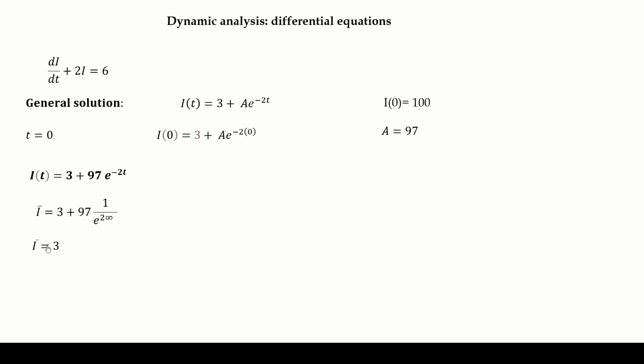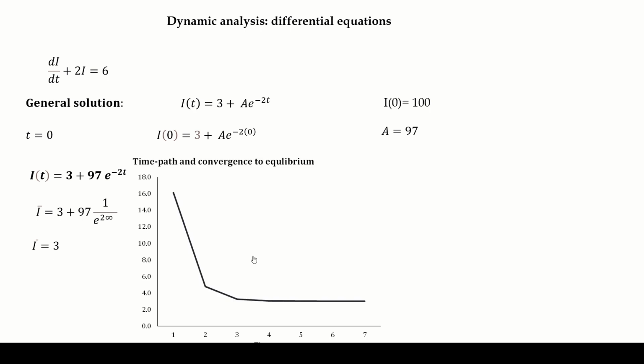So in that case, we know that in the long run, investment reaches its equilibrium value of 3, or a steady state value of 3, and we know its time path as well.